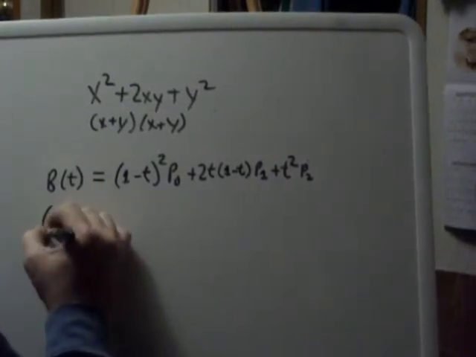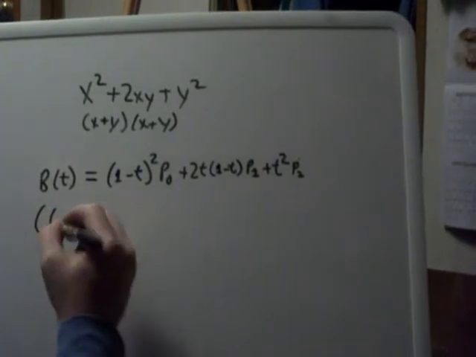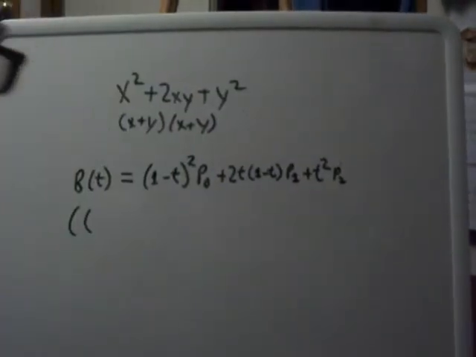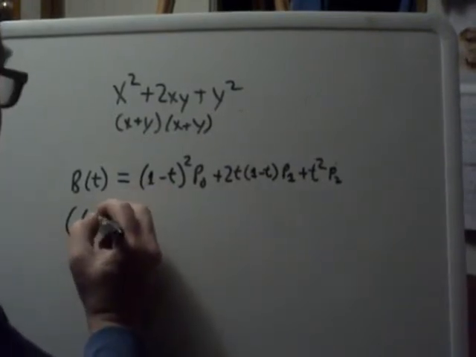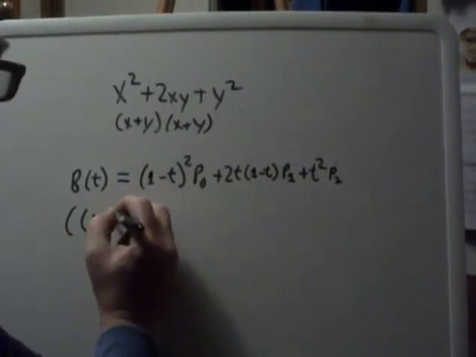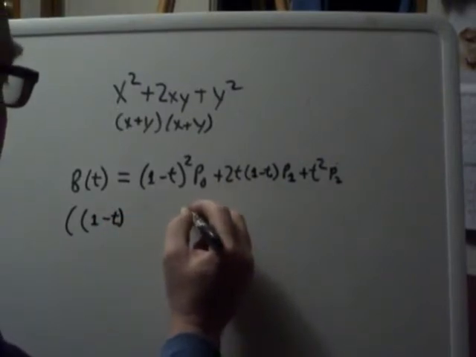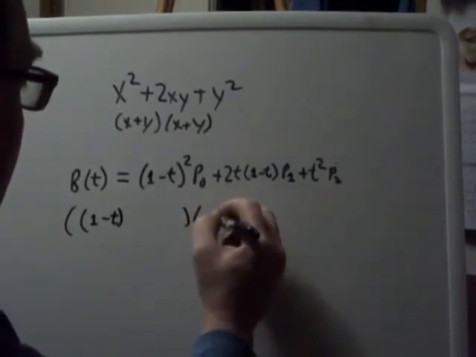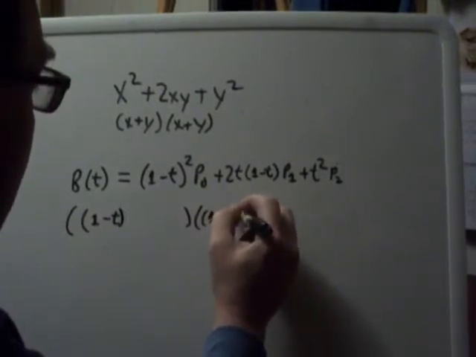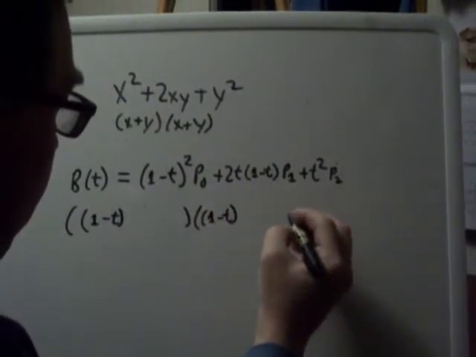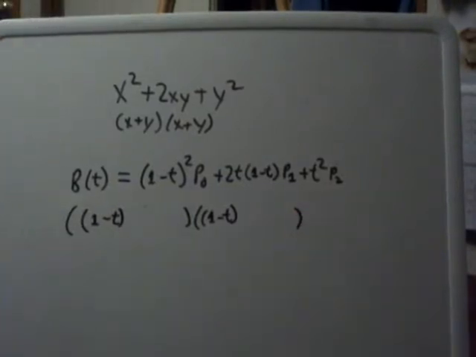Now we're going to put it right over here. Now you notice here that we have two parentheses, and that's because of this. You have the 1 minus t here. And I'm going to put this like right there. And then we have 1 minus t here. And we'll have this one like this.